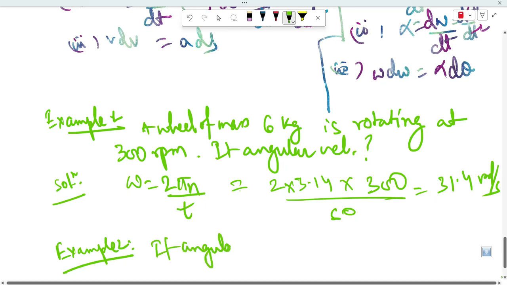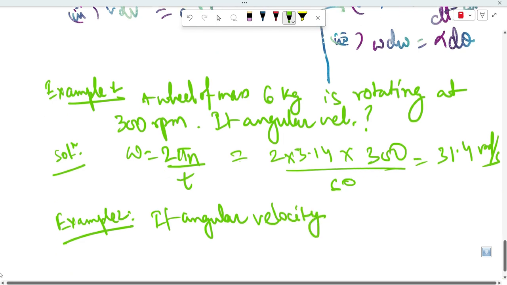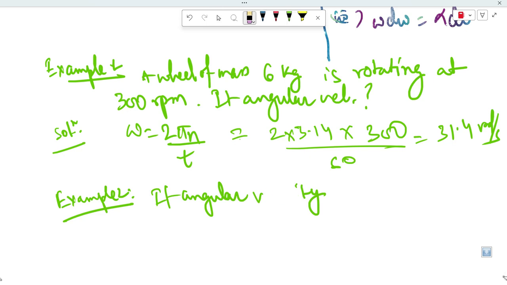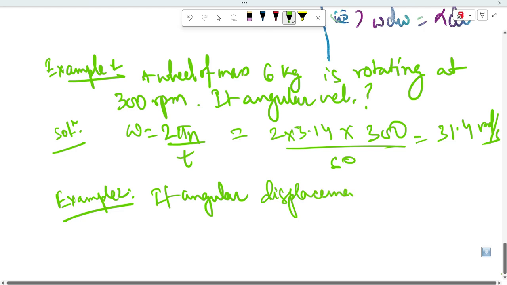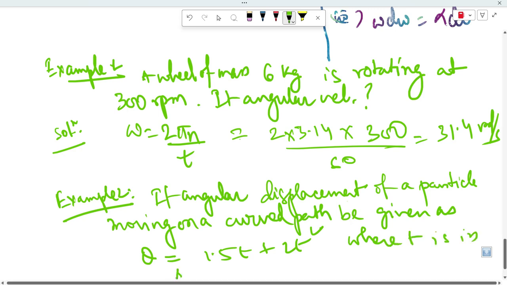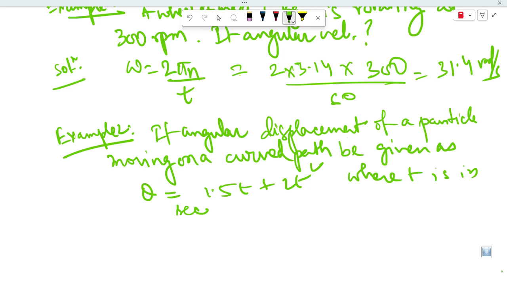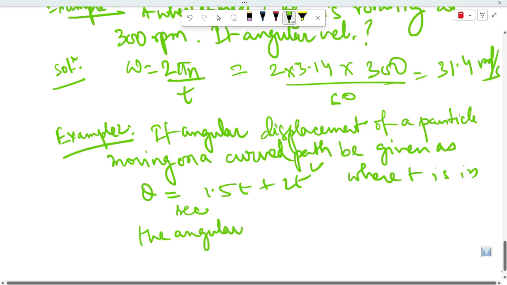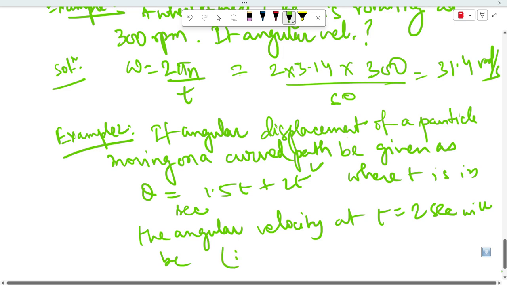If the angular displacement of a particle moving on a curved path is given by the equation theta is equal to 1.5 t plus 2 t square, where t is in seconds, what will be the angular velocity at t equal to 2 seconds, in radians per second?